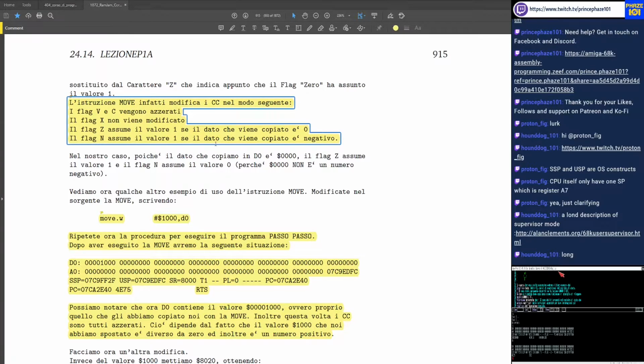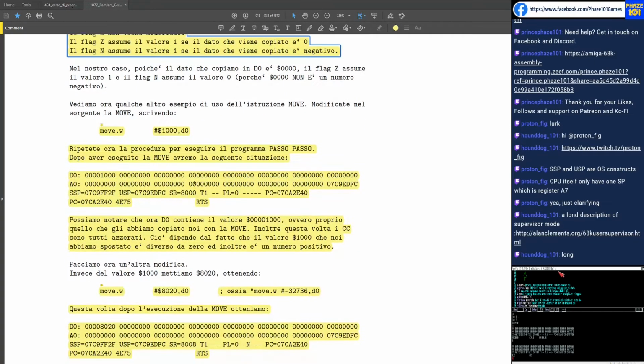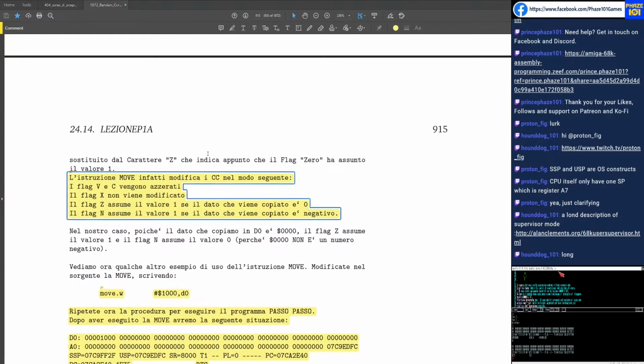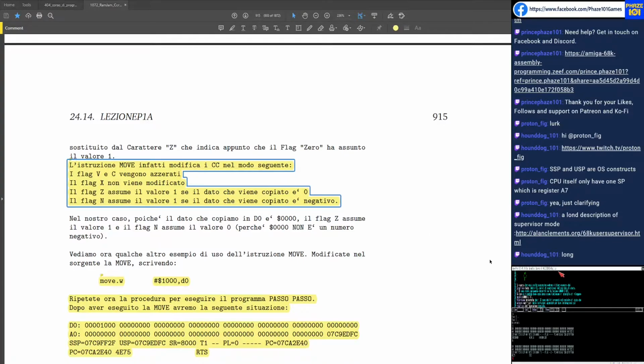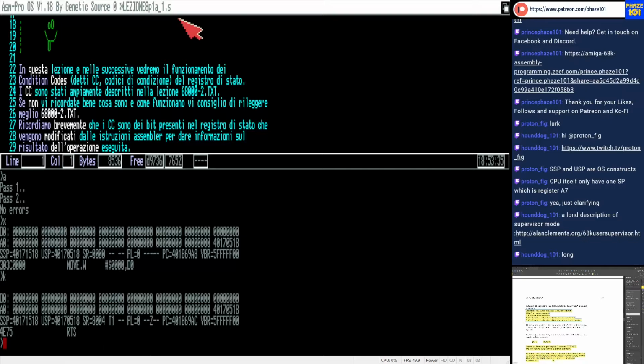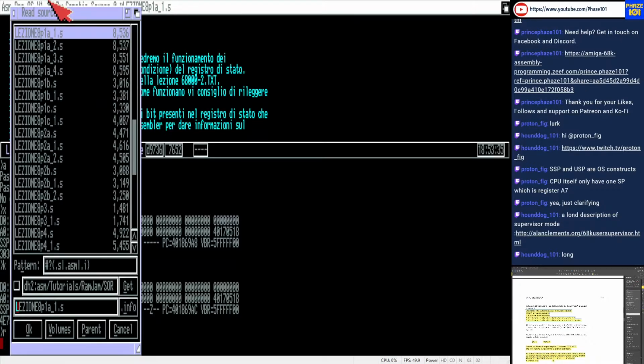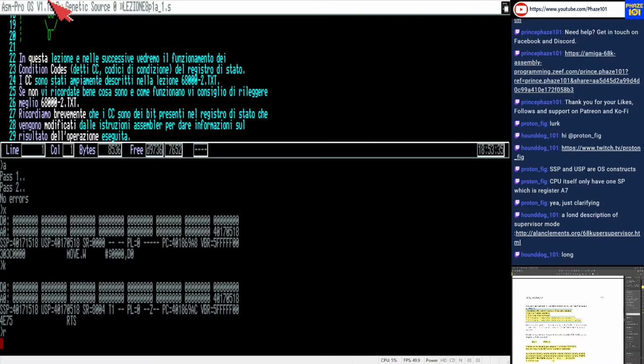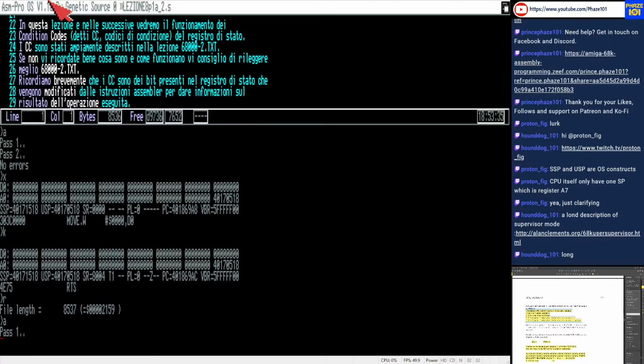So let's see if there's anything else. Okay, so we've done this example and we're going to do the next example, which is related to the same exercise. So let's jump back to the Amiga and read the next one. Okay, I'm going to assemble it.